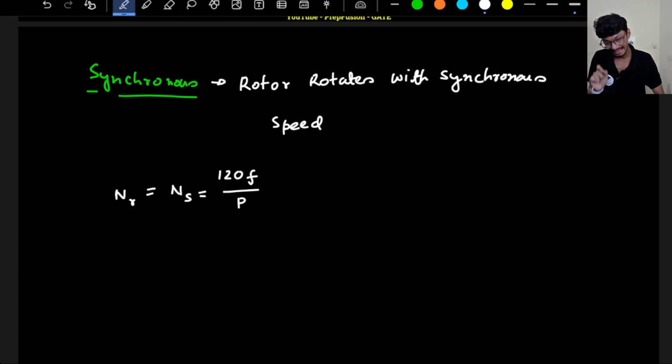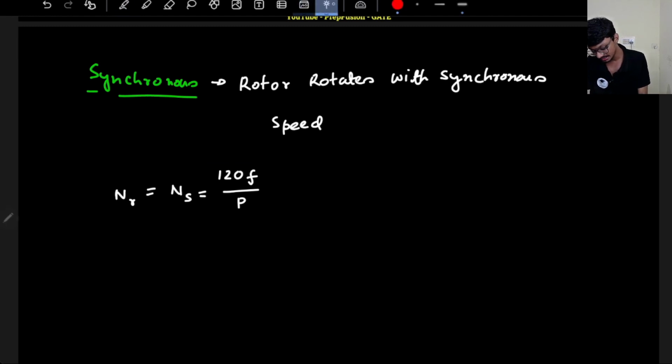But as here the rotor will rotate exactly at synchronous speed, that's why it is called a synchronous motor, because the speed of the rotor will be synchronous speed. That is the first thing that you should understand: why it is called a synchronous machine.